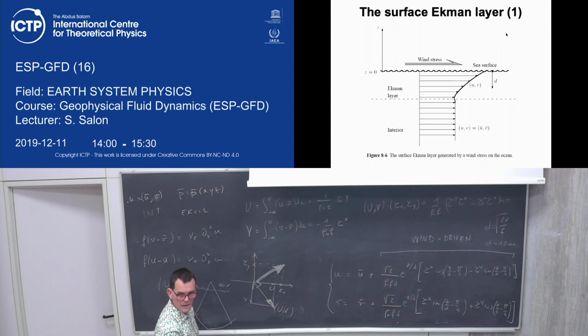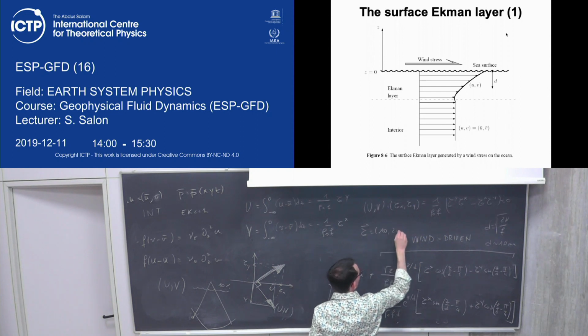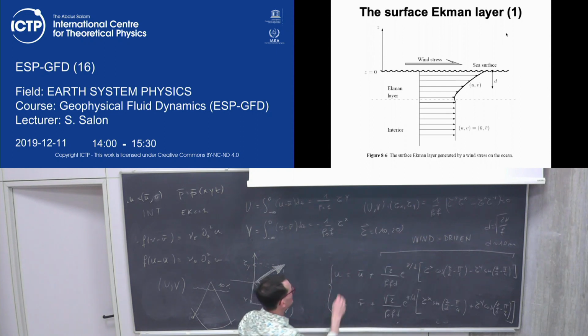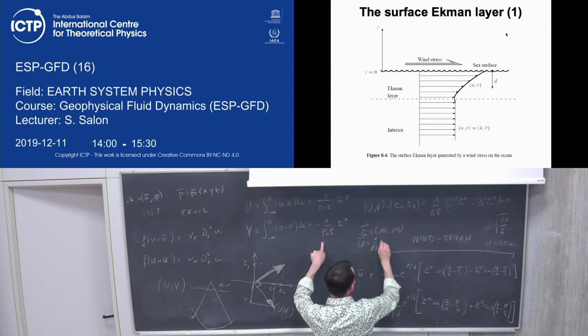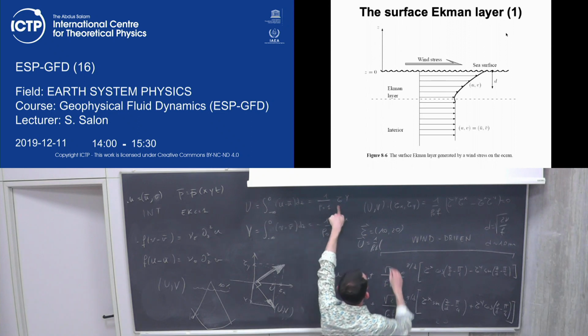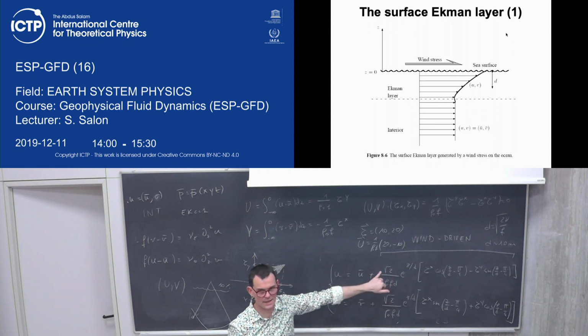Yes, but I'm creating the value of v, so I am on this axis. So think that tau is 10, 20. Okay? U will be 1 over rho 0 f, so tau y 20, minus 10. Now it's clear, no?